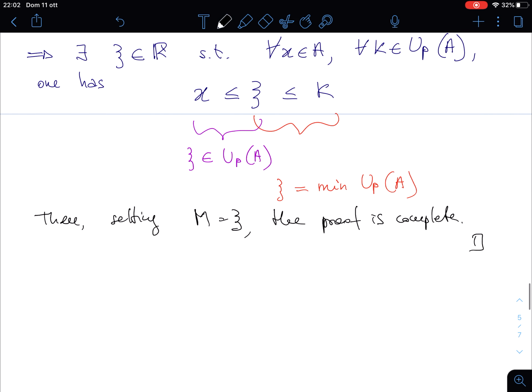So the next definition is the supremum of an upper bounded set.